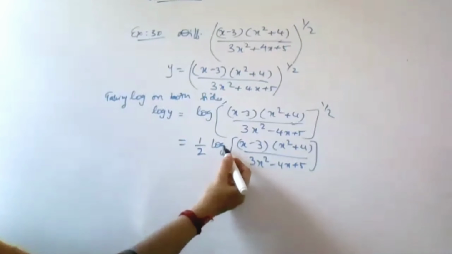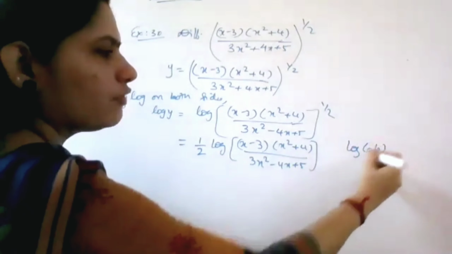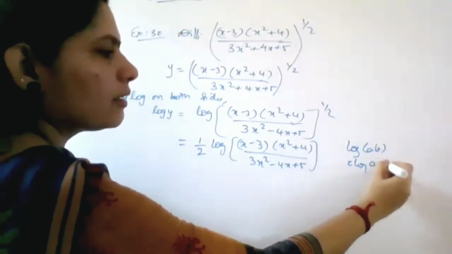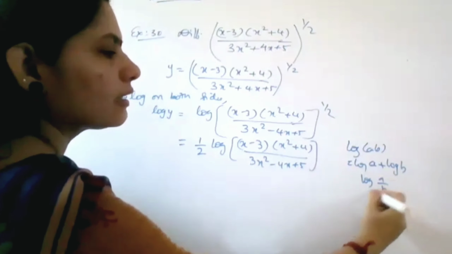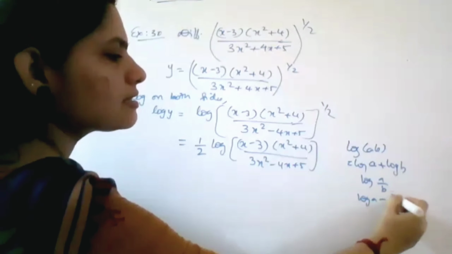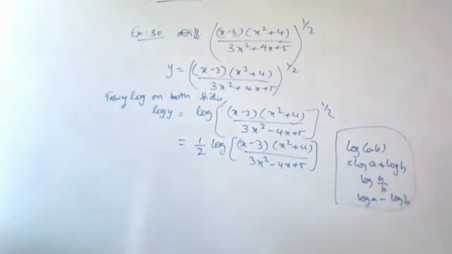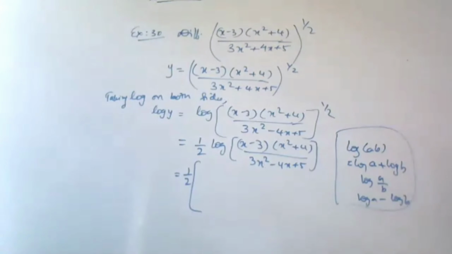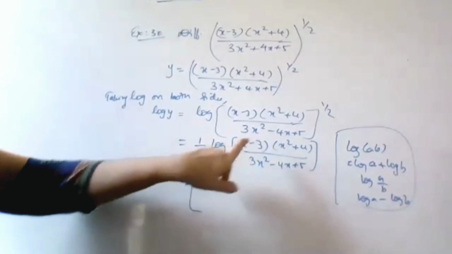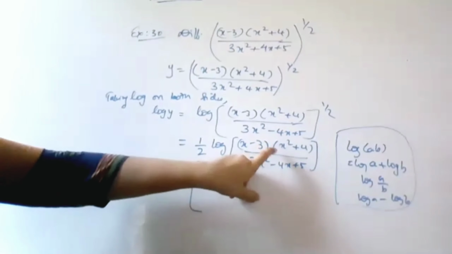Now, what is the property of log of AB? It is log A plus log B, right? And what is log of A by B? Log A minus log B. So these properties also we are using here. So the question becomes 1 by 2 into, this is the product of 2, so in between, when you apply the log property, you will get a plus sign.